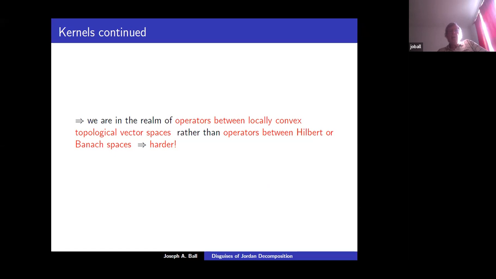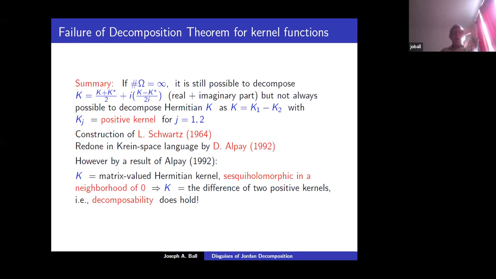Then the remark is you have a perfectly good vector space here. You have the Hermitian kernels. Any kernel decomposes as a complex linear combination of Hermitian kernels, but it's not always possible to decompose.